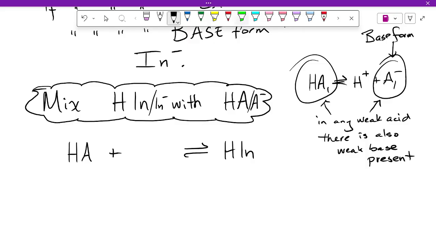If I'm mixing HIN and HA, HIN is on the right. So I've got HA, I've got HIN. Where does IN minus go? Does IN minus go here, or does IN minus go here?